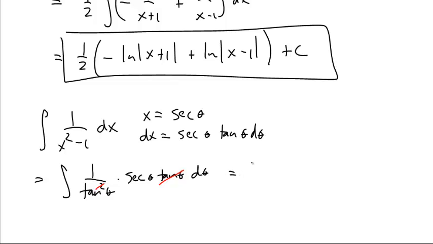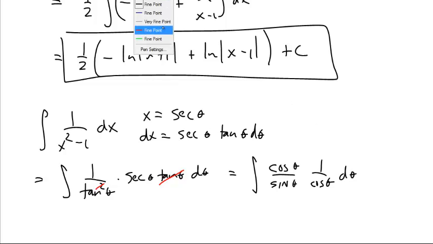Do we turn this into sines and cosines? Do we say 1 over tangent is cotangent, which is cosine of theta over sine of theta, and secant is 1 over cosine of theta d theta. So these cosines cancel out.